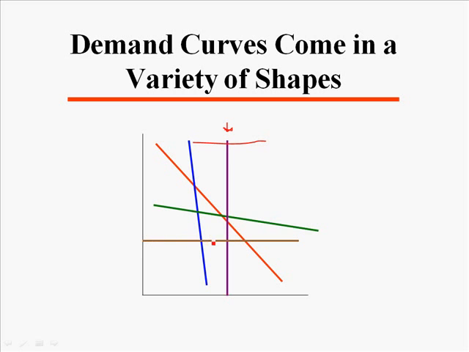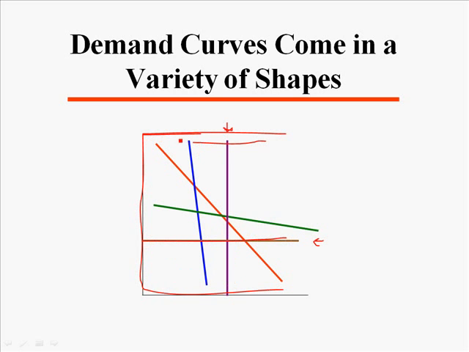The completely horizontal demand curve is the opposite of that, which is an elastic demand curve. So that would be completely elastic. If we draw a line up here, going this way, down, and use the bottom there, I have created an E. So the completely horizontal is seen as an elastic demand curve.